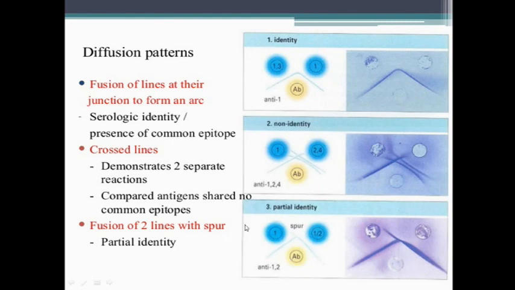So we can interpret that these antigens are partially identical or partially similar. So these are the diffusion patterns by which we can identify whether the antigens are similar, not similar, or partially similar.